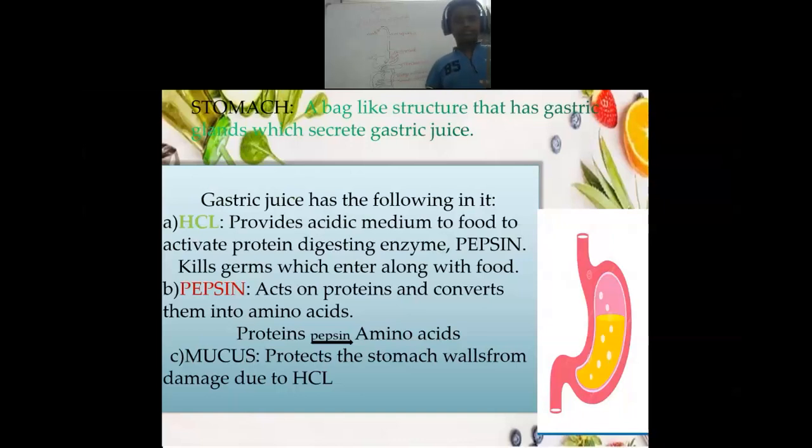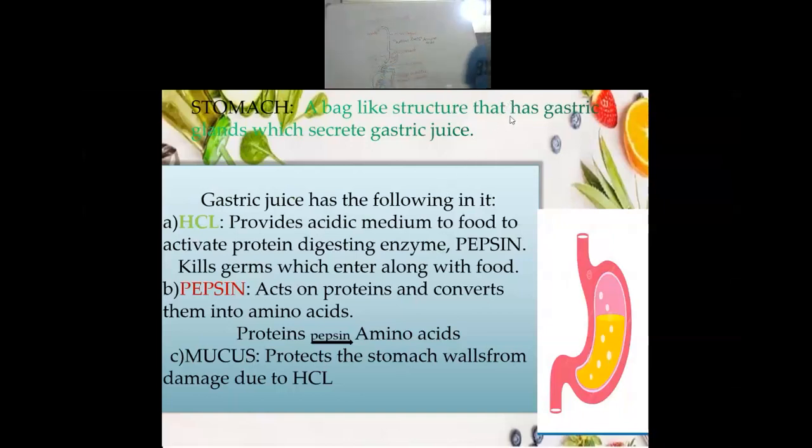Then comes pepsin, which acts on proteins and converts them into amino acids. So here I can write the function of pepsin: protein, with the help of pepsin, gives rise to amino acids.